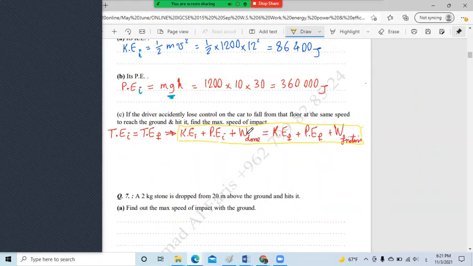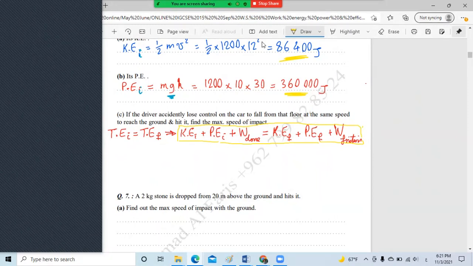What was the total energy before? It was the kinetic energy here, plus the potential energy here, plus there is no work done. They didn't mention it, so I assume there is no work done by gasoline. He didn't step more on the gas, or there is nothing hitting the car from behind to give it work and increase its speed.